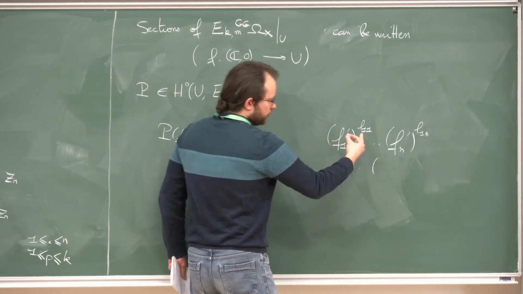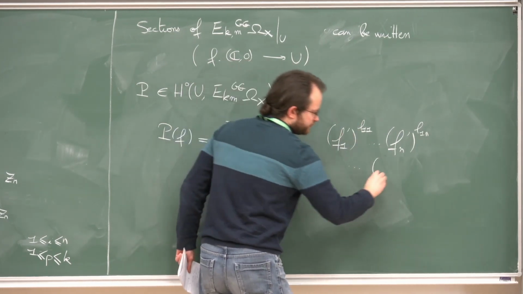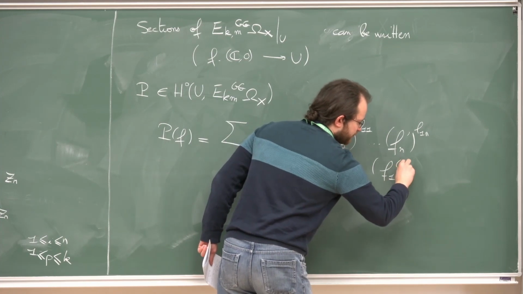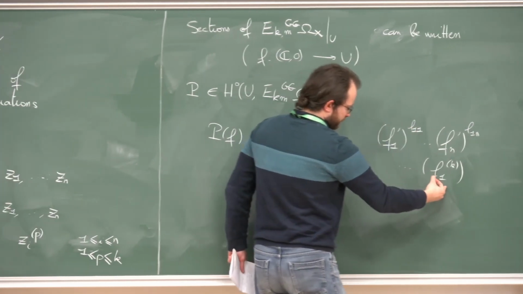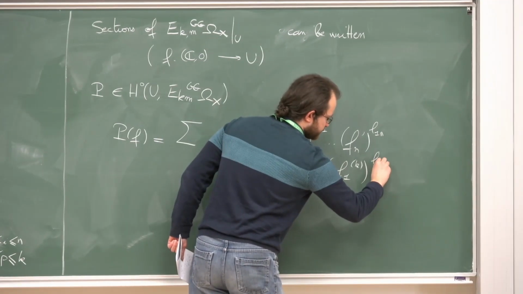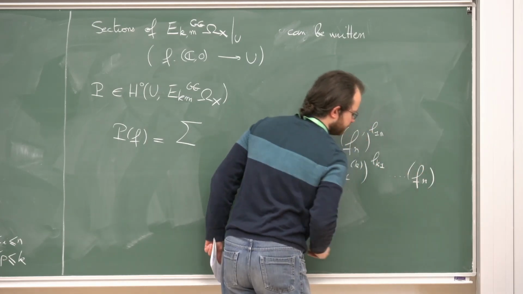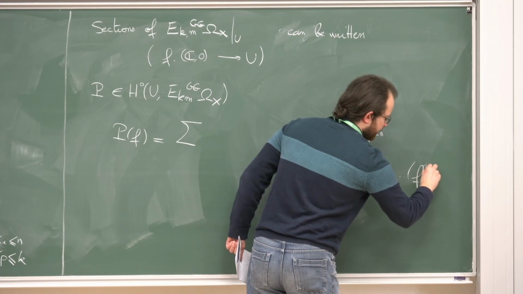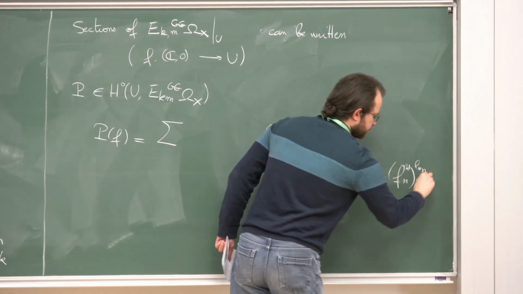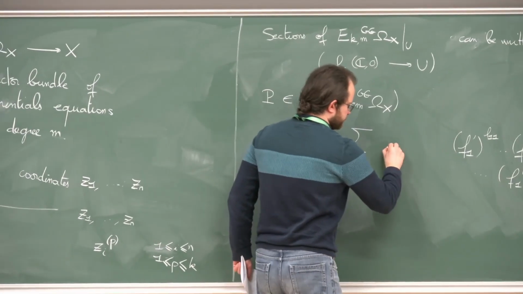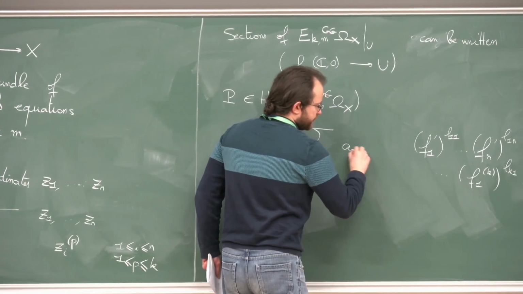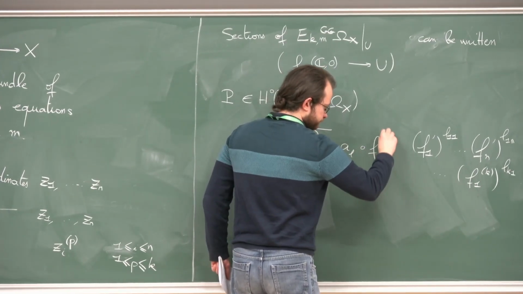And you go all the way until the kth derivative of the coordinates of F. So F_1^(k), let me call the exponent Lk1, until F_n derivative k times and Lkn. And here you have to put some coefficients depending on all the L's applied to it.